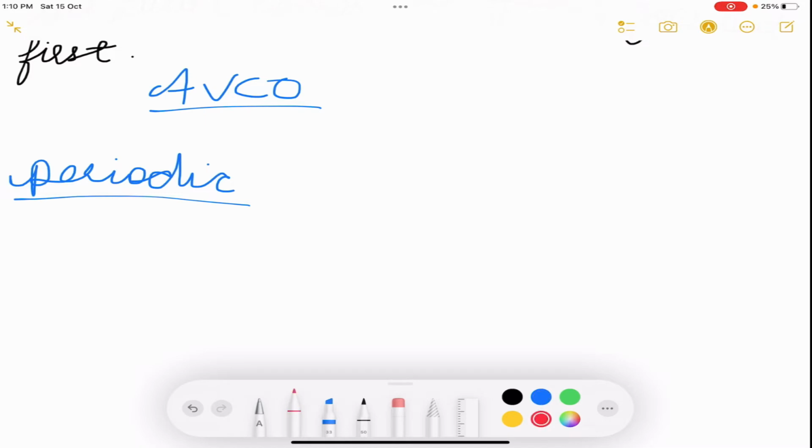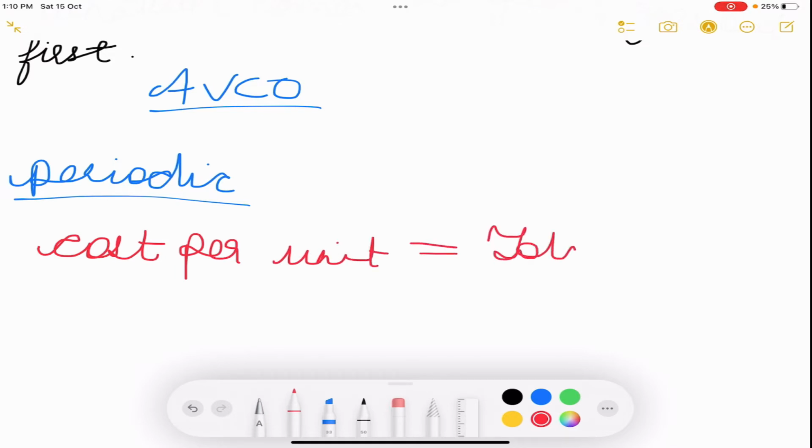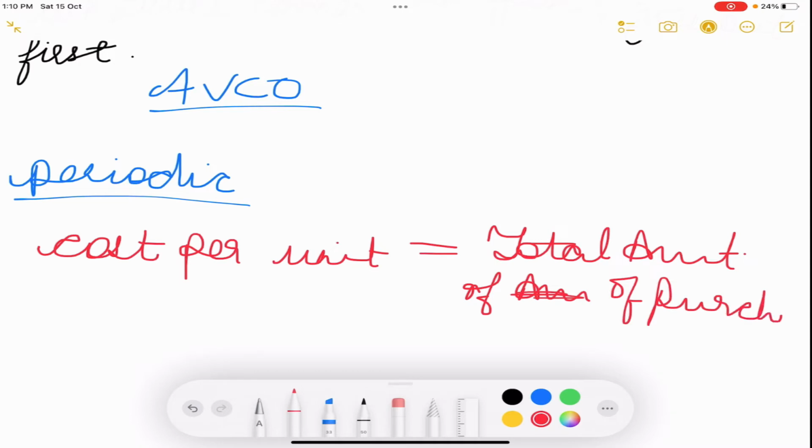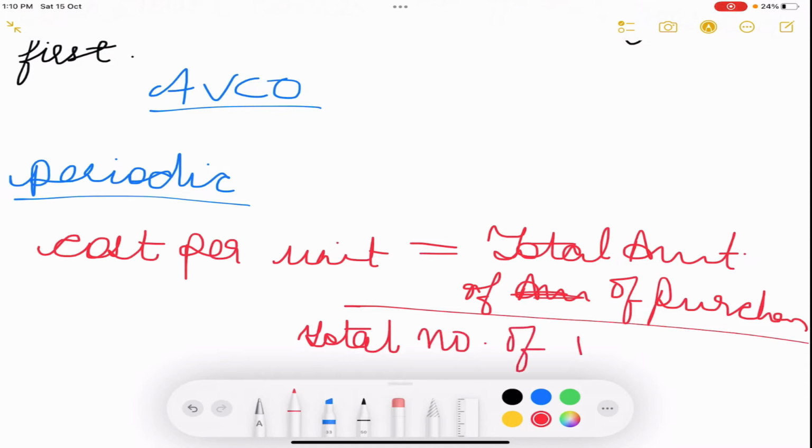There is one formula, you need to write it down. The cost per unit will always be equal to the total amount of purchases divided by the total number of units. So what is this formula?